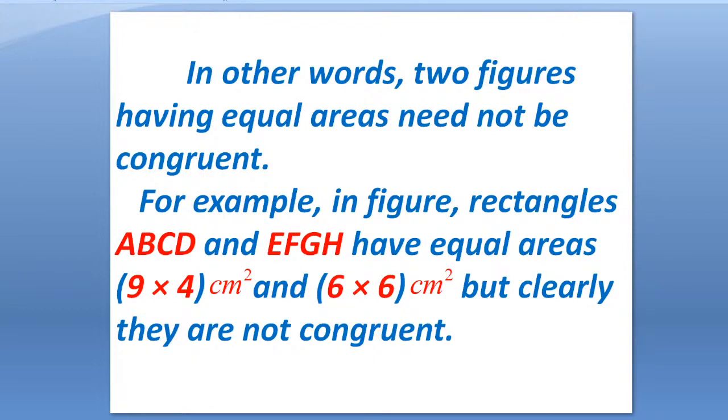For example, this is important. See here, in the figure, rectangles ABCD and EFGH have equal area: 9 into 4 centimeters square, which is a rectangle, and 6 into 6 centimeters square, which is a square, but clearly they are not congruent.